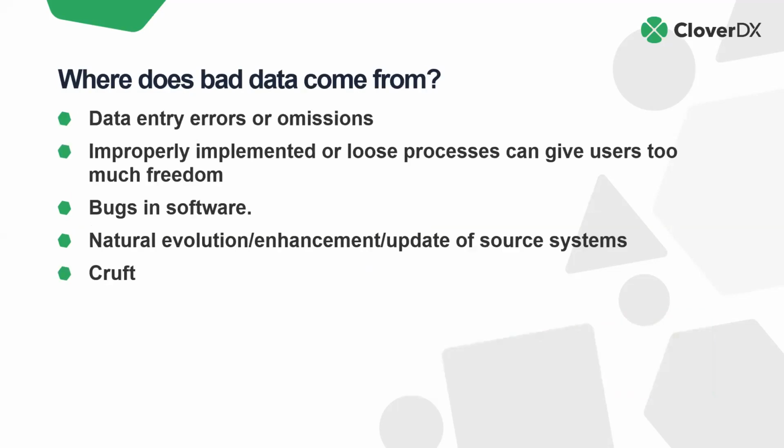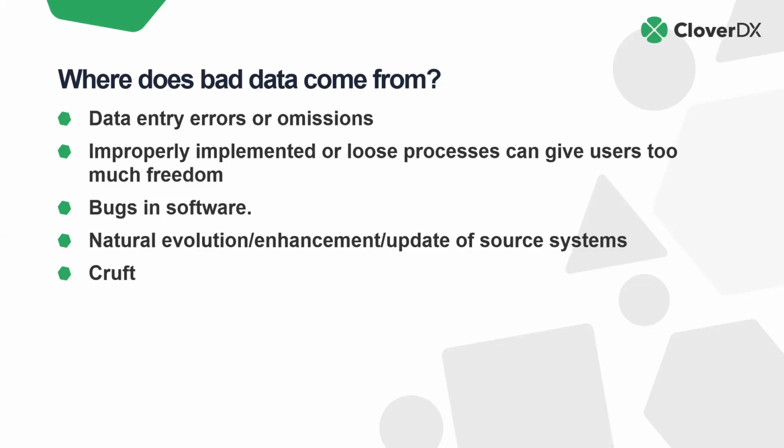So first, where does bad data come from? Well, the opportunity to collect and memorialize bad data is everywhere. Point of origin errors are probably the easiest to understand. Most data begins with some sort of human interaction, filling out a form or keying in information.